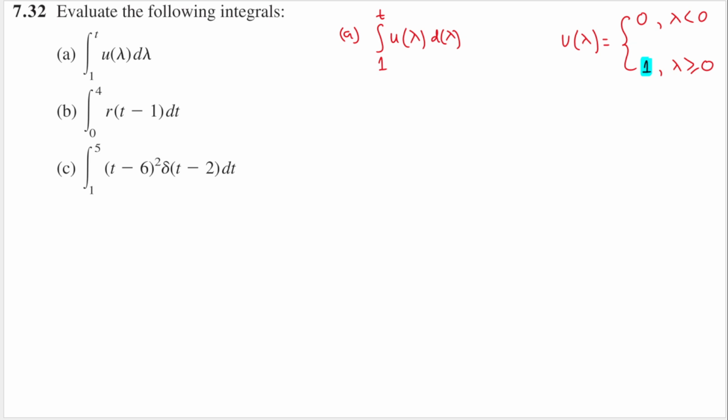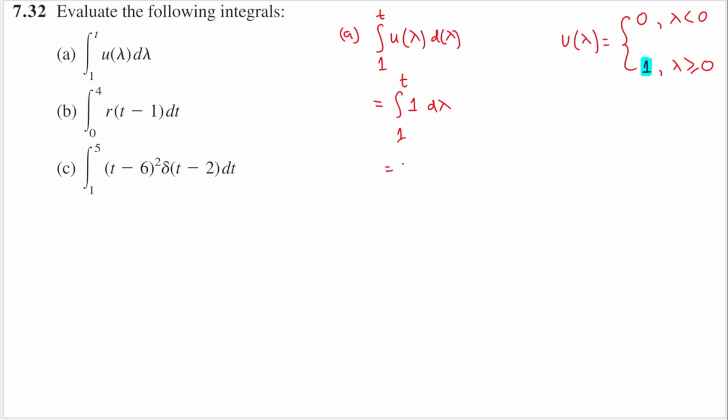So we can rewrite this integral as the integral from 1 to t of 1 d lambda, because the value in this integration limit is 1. And then we can integrate that.